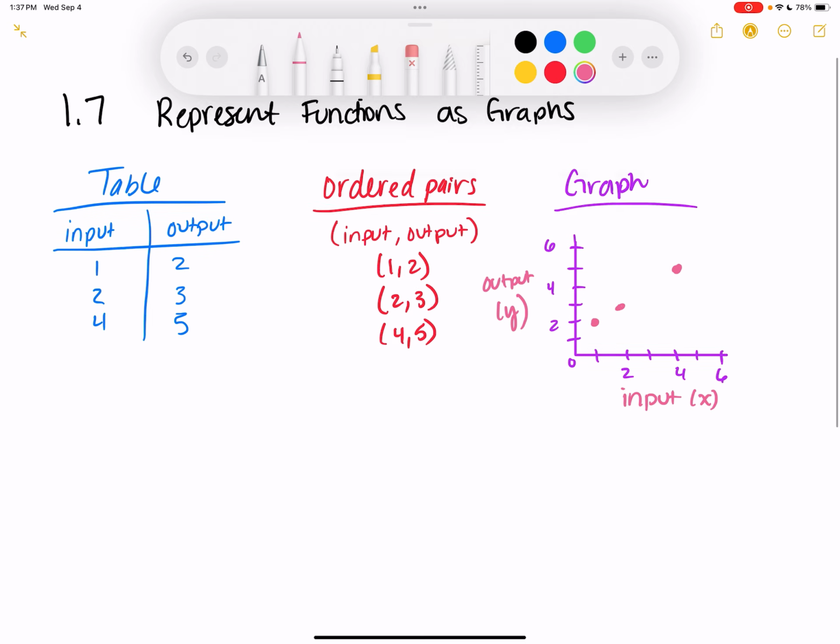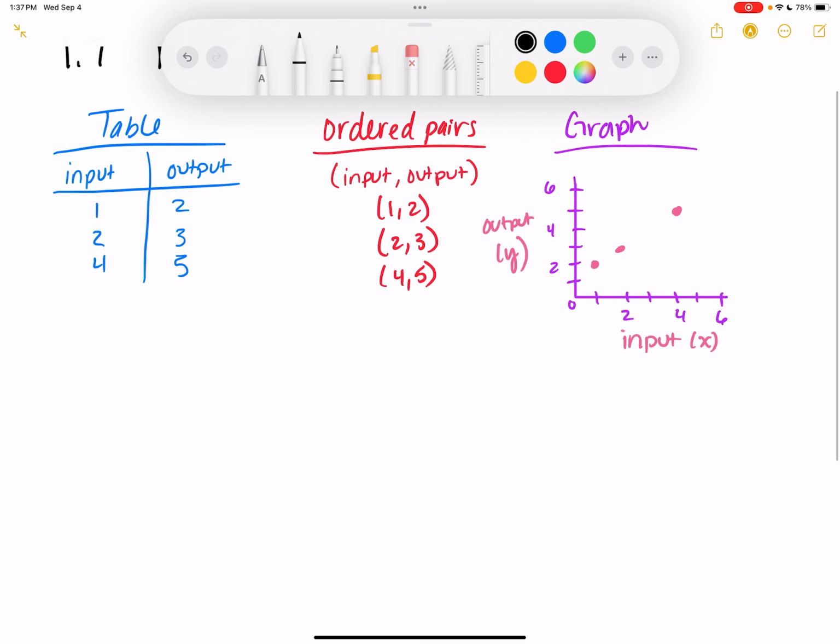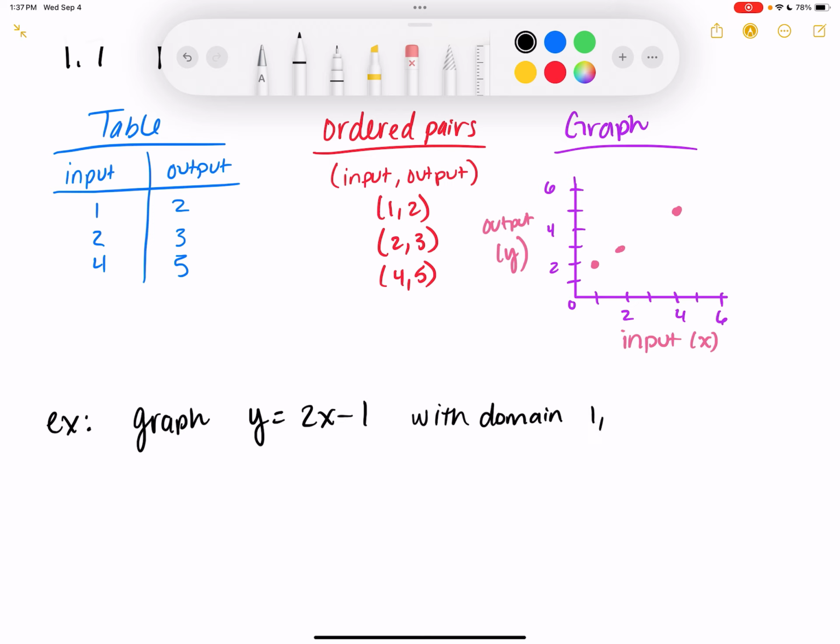So if you had something like graph the function y equals 2x minus 1 with domain 1, 2, 3, 4, and 5.